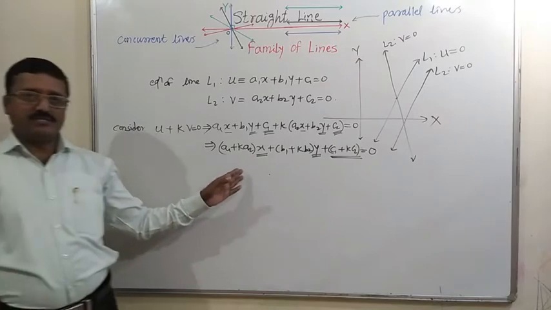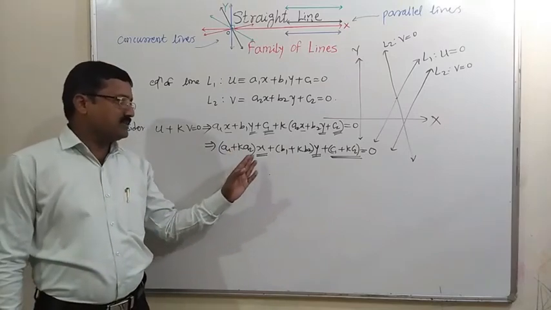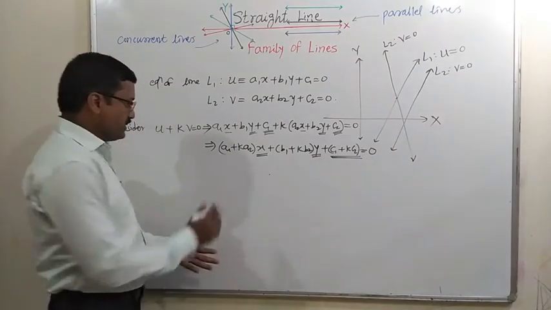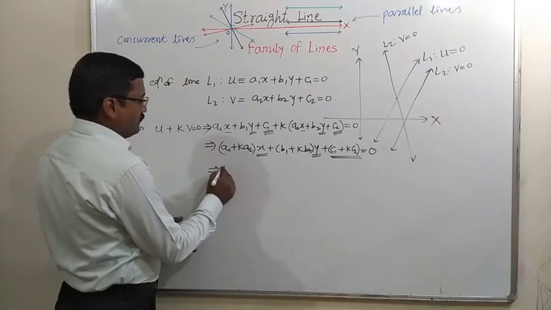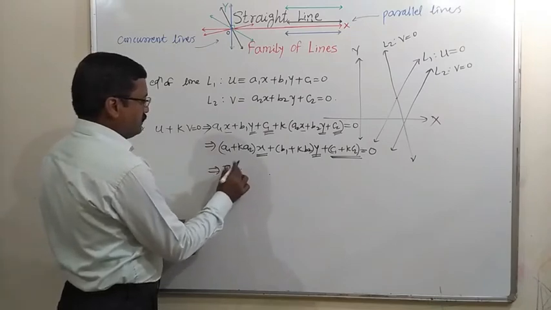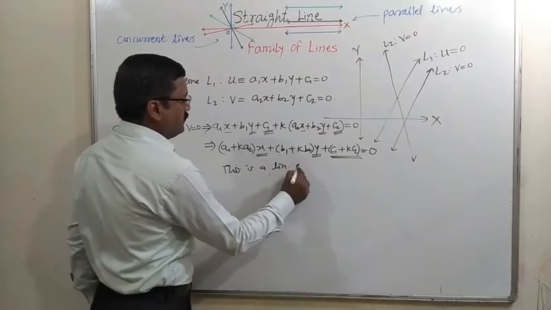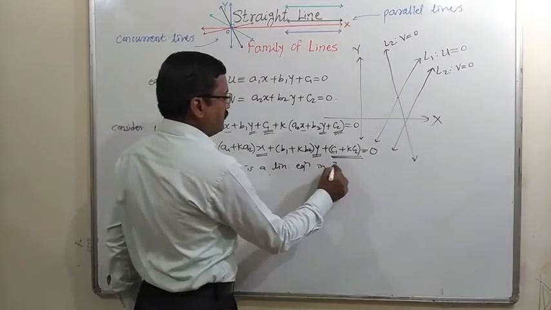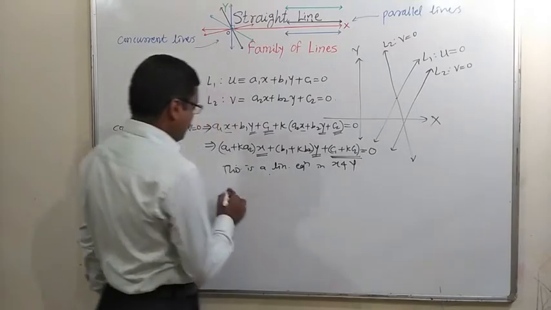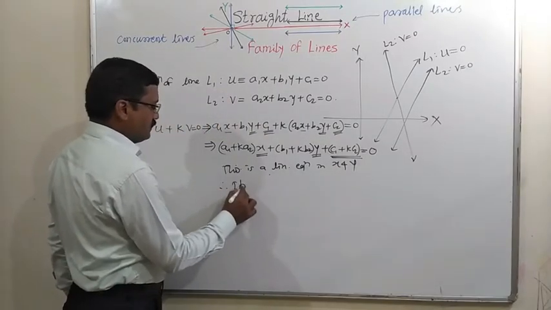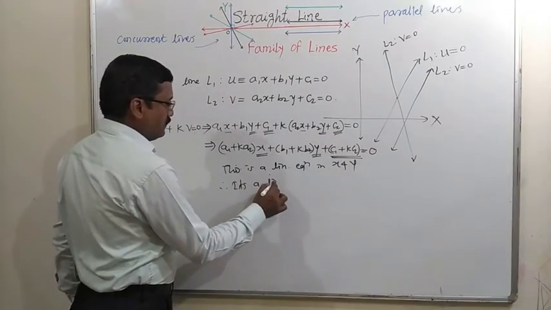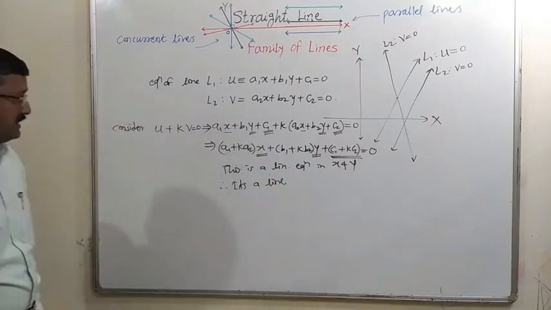So this is the equation which contains the x term, y term and constant. If you observe this equation, then this is again a linear equation in two variables x and y. Therefore, it's a line. So what we get here?